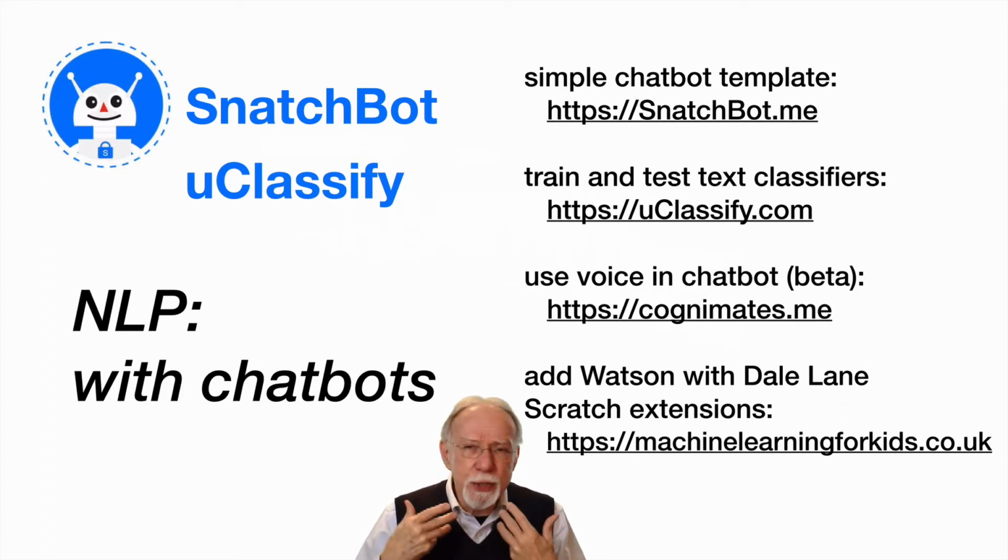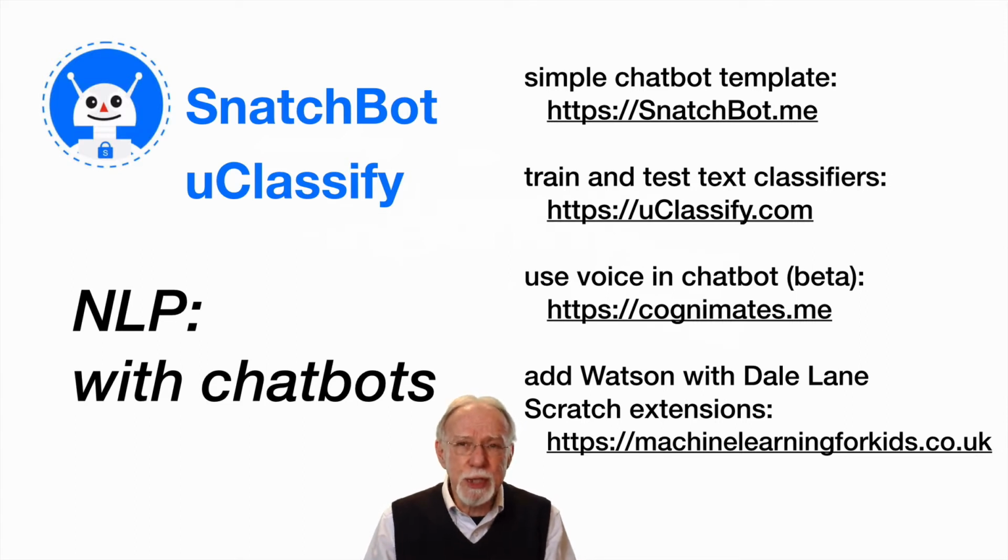In the uClassify site, students can go to that site, and again, in one period, try nearly 100 different pre-made text classifiers. And with a little extra work, they can create their own text classifier that they can use in real projects.